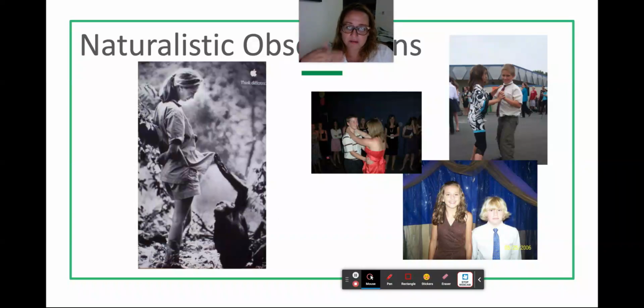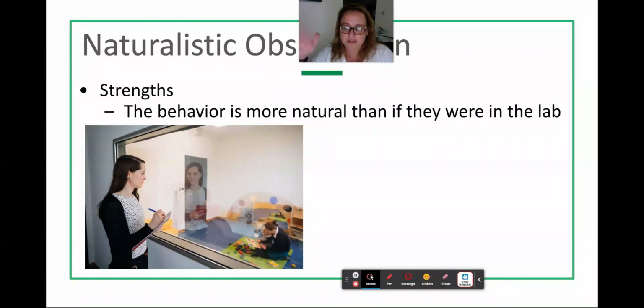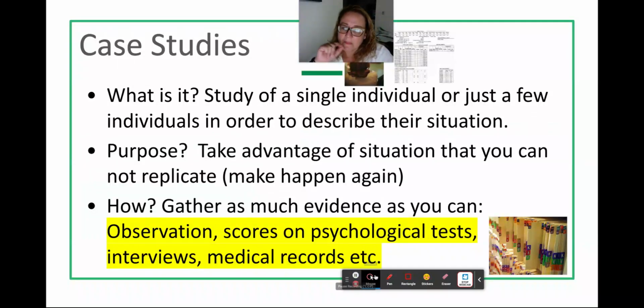These are all naturalistic. We're going to go into depth in class on the strengths and weaknesses, so I don't want to get into that right now. But the strength is that you get to see people's natural behaviors in their natural environment. We'll talk more about that in class.